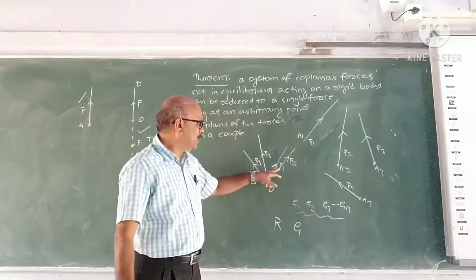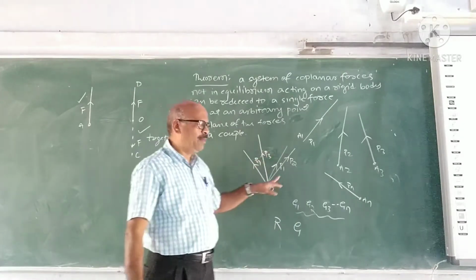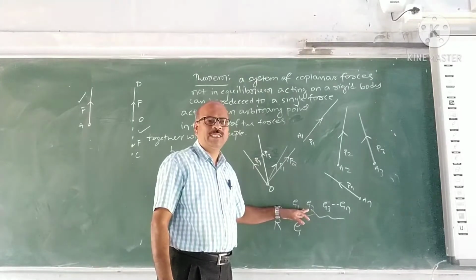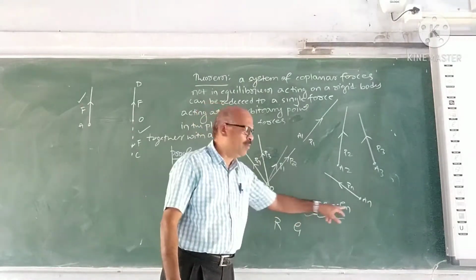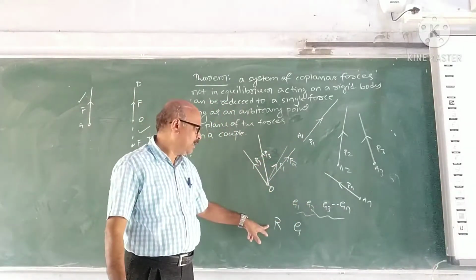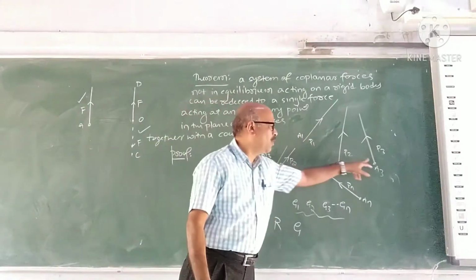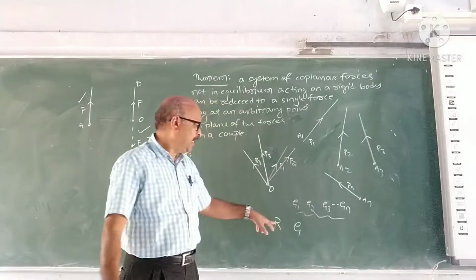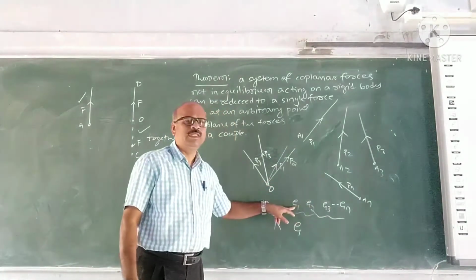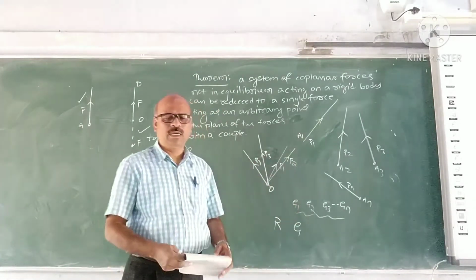So, the resultant of P1, P2, P3 is R, and all the couples can be replaced by a single couple. What is the moment of that single couple? Algebraic sum of moments of these couples. So finally we are left with a single force R, which is equal to the resultant of all these individual forces, and a single couple whose moment is same as algebraic sum of the moments of these couples. So this is the result.